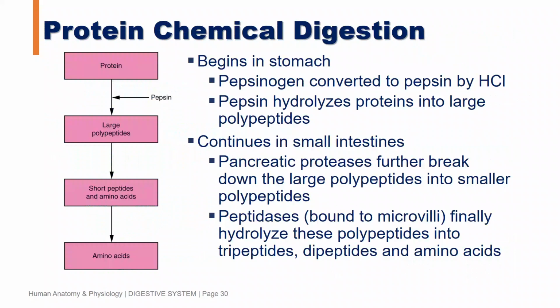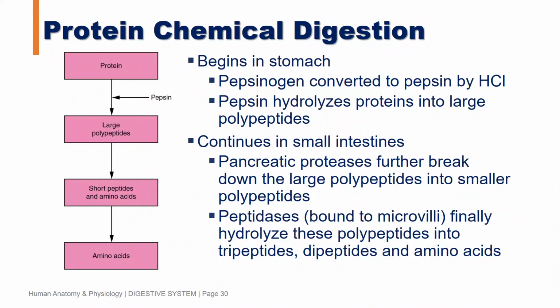If you had meat for breakfast, like probably chicken, or soya bean, or tofu, how will your system digest the protein? It will begin in your stomach. Then your pepsinogen is converted to pepsin by hydrochloric acid. Pepsin hydrolyzes proteins into large polypeptides.